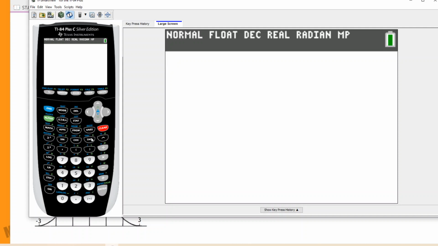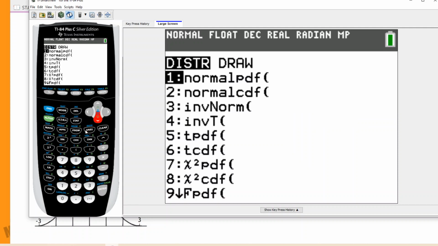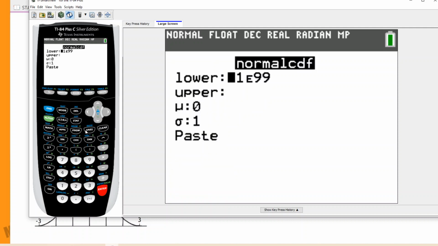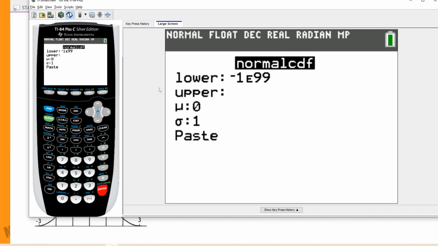On your TI calculator, you would get to second vars, which is the distribution menu. Go to normal CDF, and then we want to know more than 10 years. So we're going to go from 10 years to really infinite, so 1e99, or just put a really large number in there.